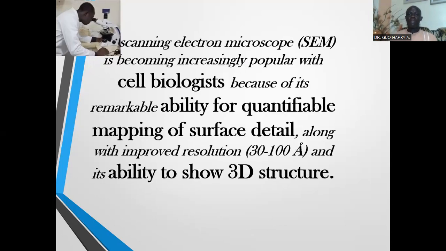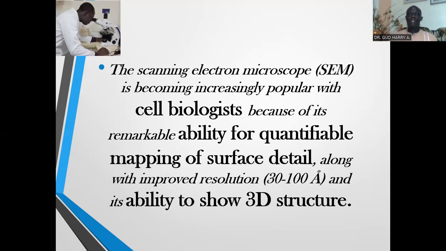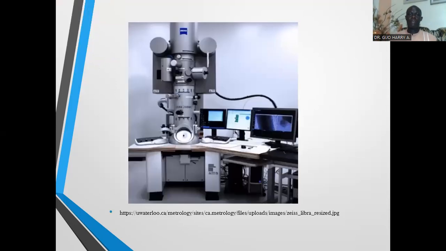The scanning electron microscope is becoming increasingly popular with cell biologists because of its remarkable ability to provide quantifiable mapping of surface detail, along with improved resolution and its ability to show 3D structures. Now here's the image of the scanning electron microscope.